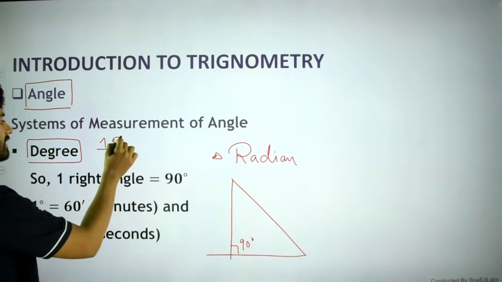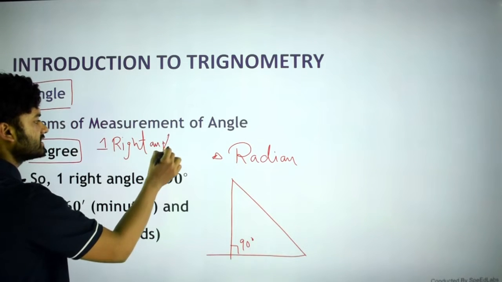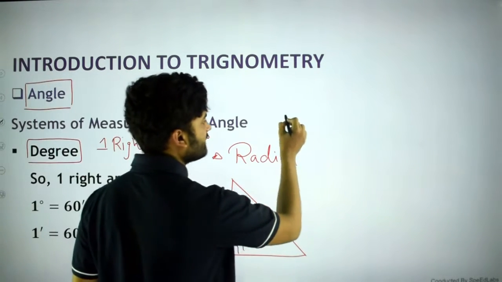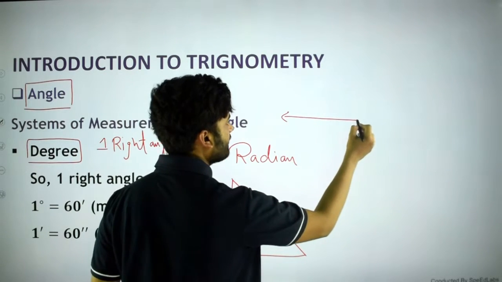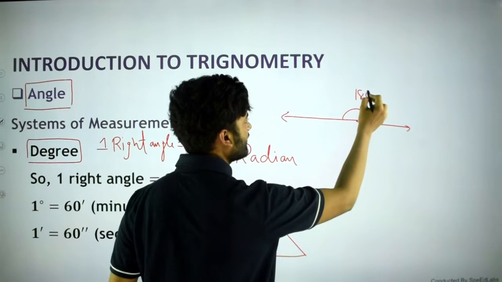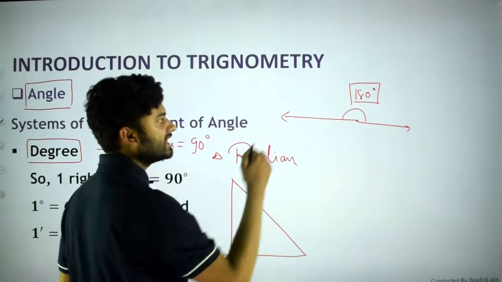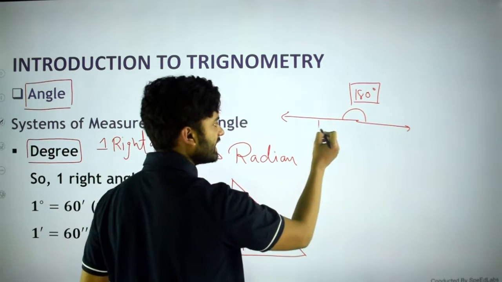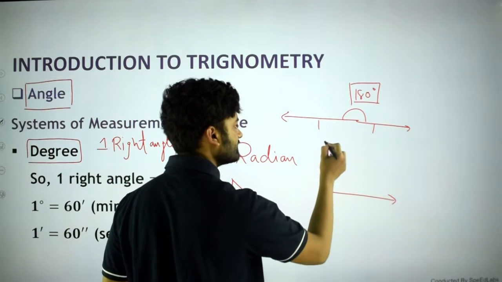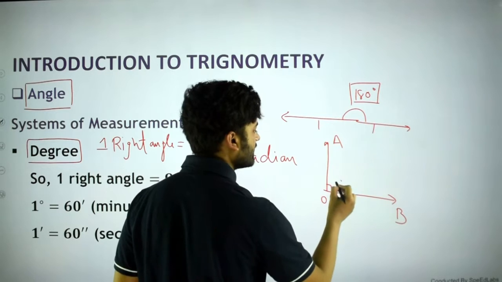One right angle makes 90 degrees. If I have two lines, this is one line and this is the other side, in this case the angle is equal to 180 degrees. The angle is the inclination between two sides, so these sides are inclined at 180 degrees. If you make this figure like this, with side A, this is O, this is B, this is a 90 degree angle.